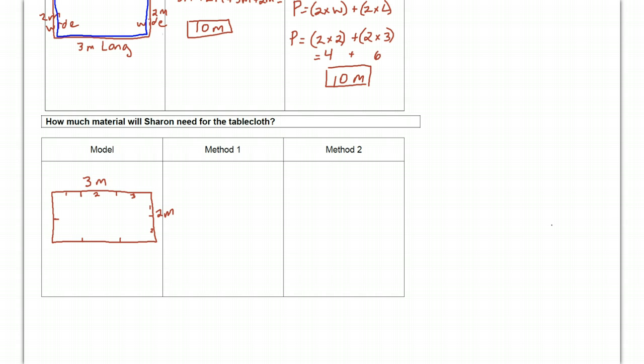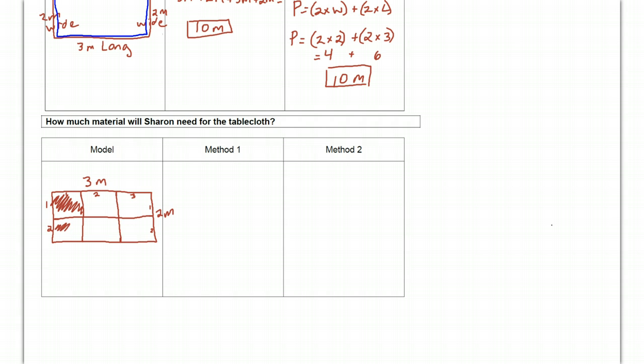Now if I draw in the grid lines, I think you're going to see a pattern developing, where this right here equals 1 square meter because I have 1 meter here, 2 meters here, 1, 2, 3. So 1 meter by 1 meter is 1 square meter.